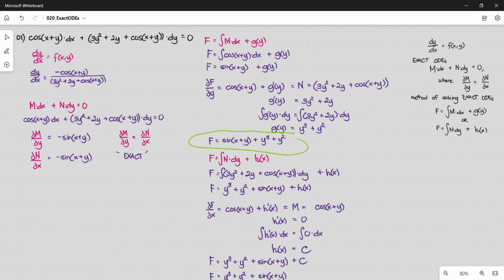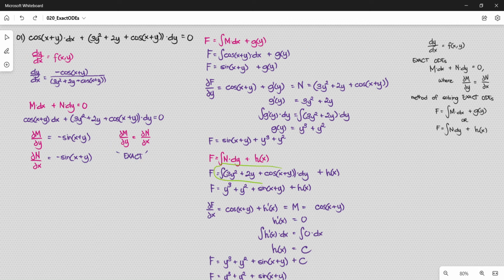And remember, dun sa definition natin kanina, na itong f ay isang constant, since ganun tayo nagkaka-exact differential equations. So, constant itong f. Okay, ngayon pwede din natin i-solve gamit ito. Tingnan din natin, dapat same lang yung makuha natin na sagot. So, solve natin gamit to yung integral ng n dy.